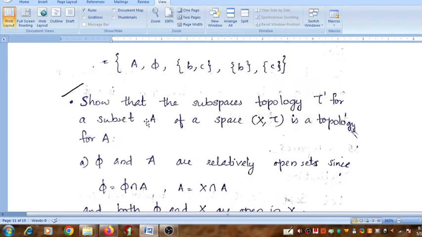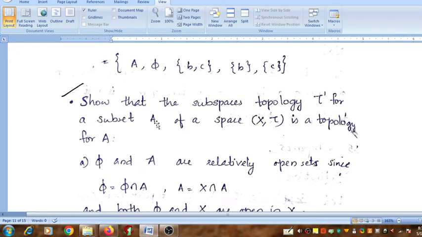Initially, A is simply a subset of the topological space X. But if tau prime is defined this way, you can show that tau prime acts as a topology. It makes a topology for the subset A, and thus it can convert A into a subspace.